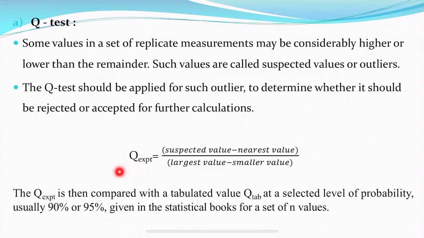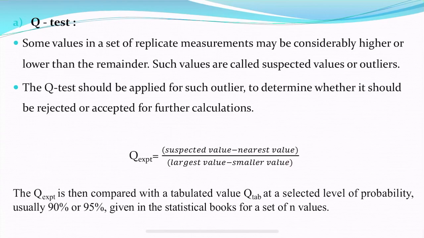The mathematical expression for the Q test is Q equals suspected value minus nearest value, divided by largest value minus smallest value. With the help of this equation, we find out whether the observation we have made has to be kept or rejected.